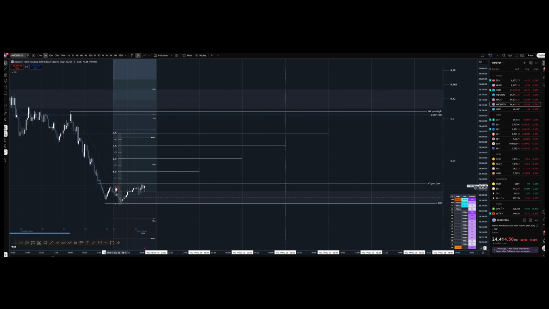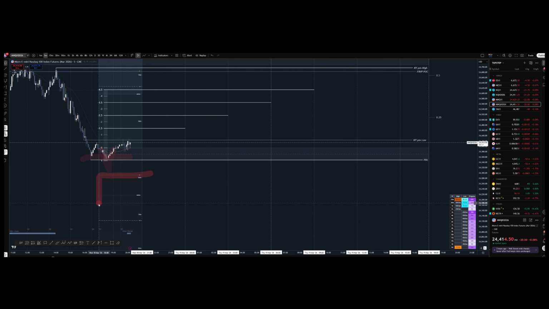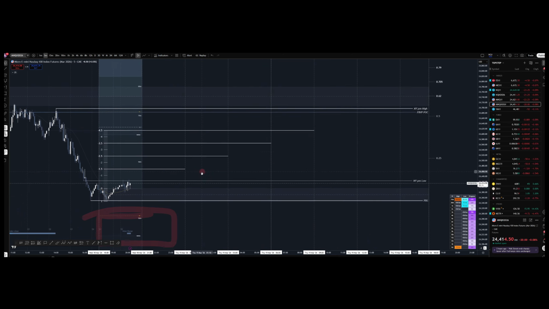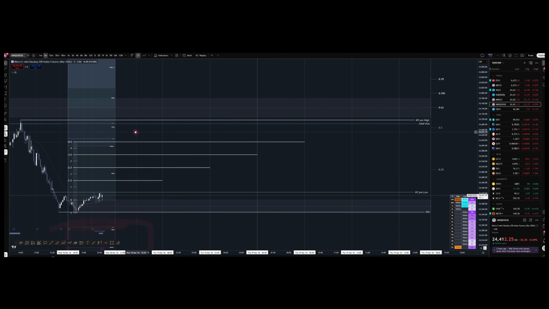Internal median mode's been invalidated. Once we sweep the low, we then get the external range data. So meaning if we're going to have a bullish retracement continuation, we're hitting that median on the 12 hour 50% of the time.